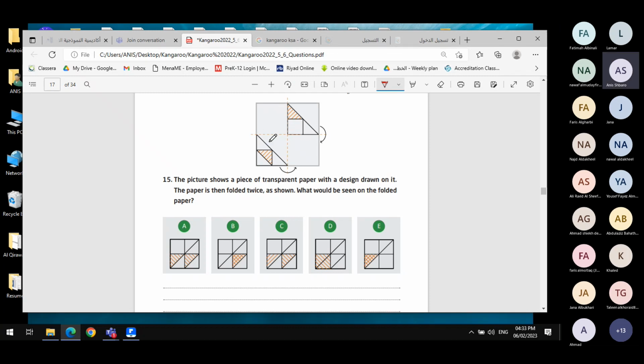Okay, so clear for you. We're going to have those shapes on the transparent paper, and then we are going to fold it down and to the left or opposite. You can start to the left and then down, doesn't matter. So what is the shape? What ideas do you have?